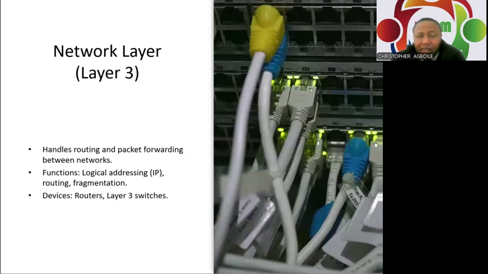Then we also have ICMP. We have ARP. Examples of this are a router that is directing what? Traffic between a home and office network. A router that is directing traffic from point of presence A to point of presence B. So that's what happens at layer 3.